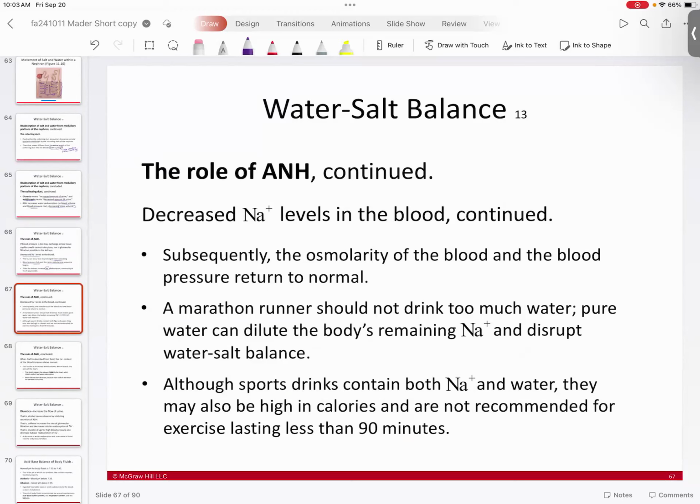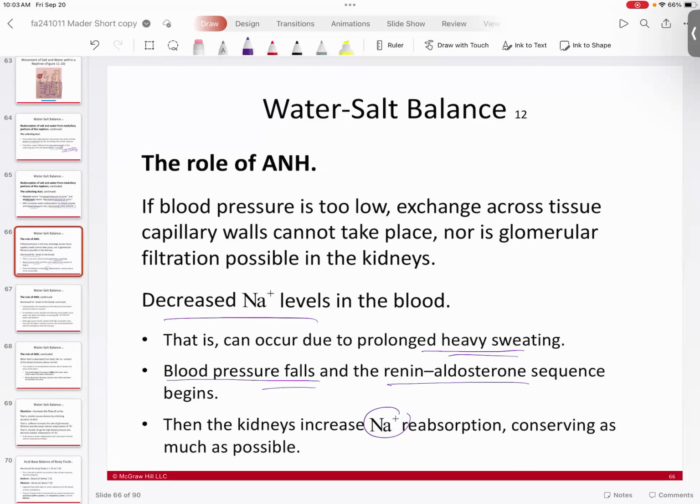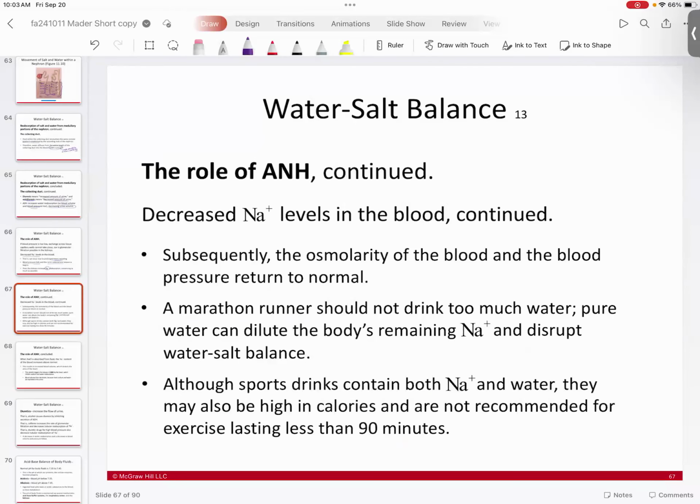Once you do some of these measures, so sweating, your blood pressure falls, you get the renin-aldosterone sequence, that increases absorption of sodium. Basically, the osmolarity of the blood will eventually return back to normal because you've stabilized your sodium levels. This is the reason why when you're active, an athlete, you don't drink too much water.